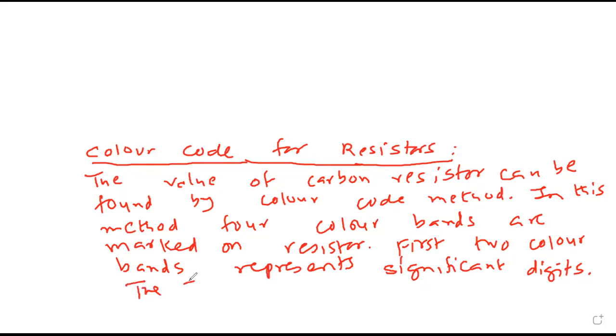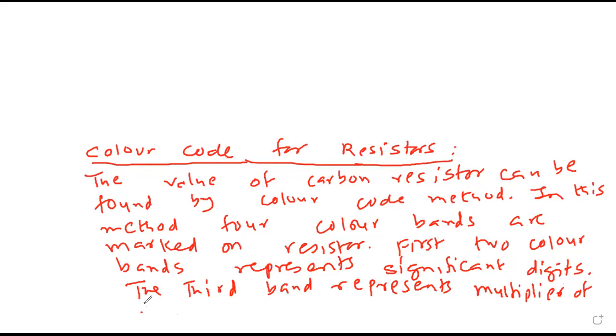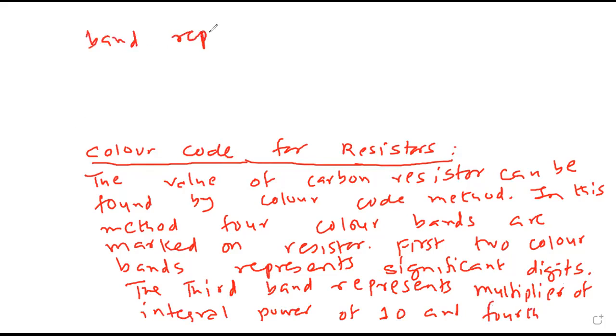The third band represents the multiplier, an integral power of 10, and the fourth band represents tolerance.